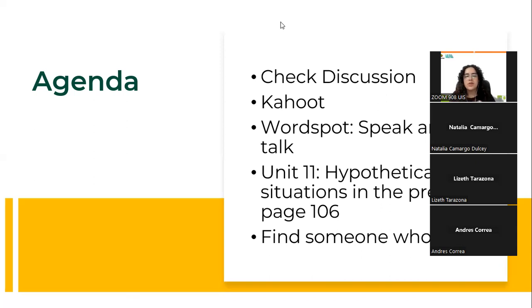And then we're going to start Unit 11, okay? So the topic of Unit 11 is hypothetical situations in the present. We're going to continue working on page 106. And finally, an activity called Find Someone Who. So you will work in groups, speaking, and you will take some notes about this activity, all right?